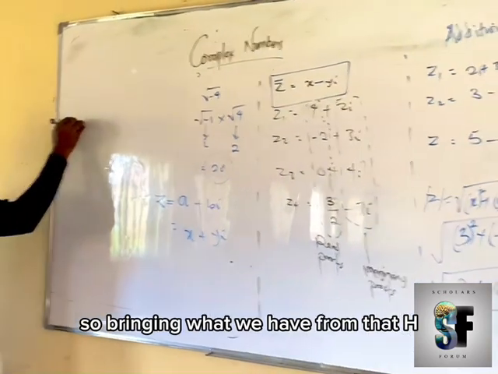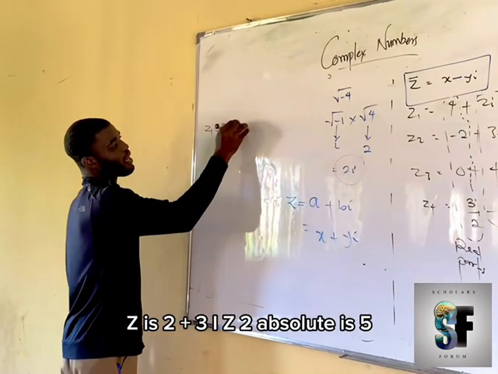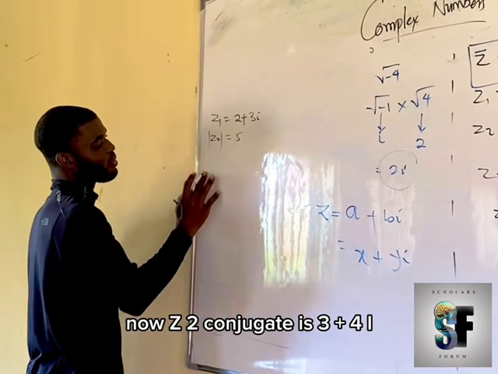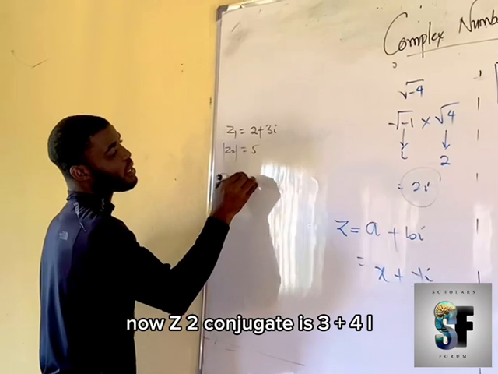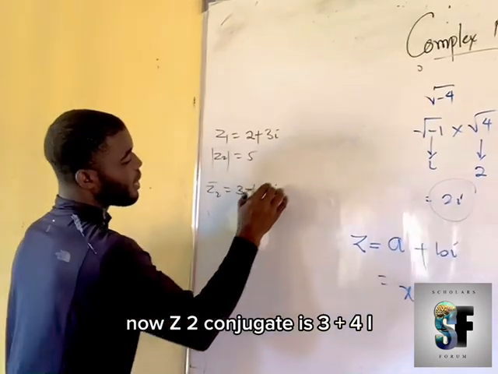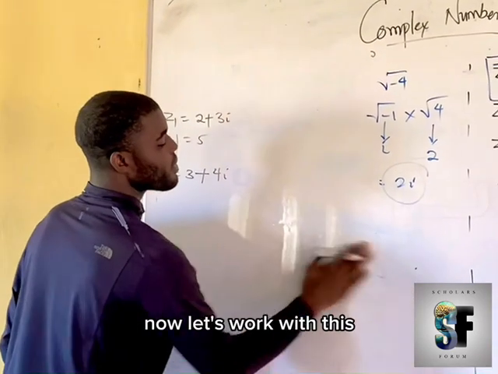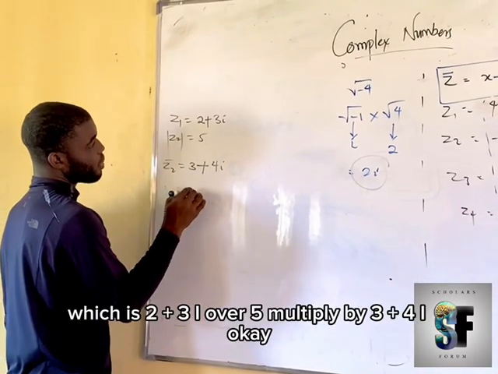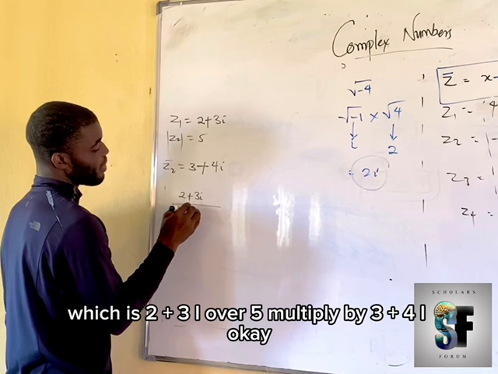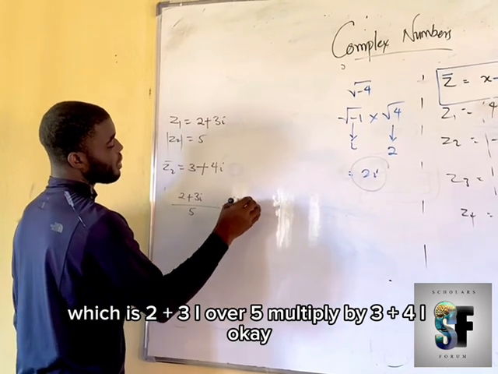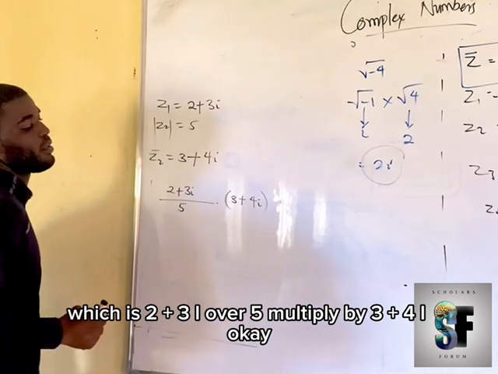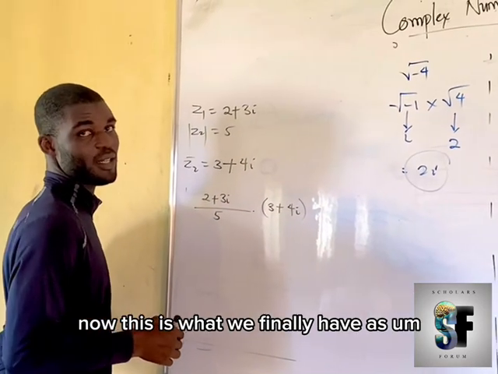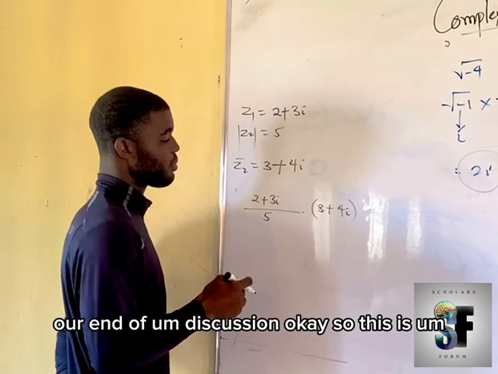Bringing what we have from that end, Z1 is 2 plus 3i, Z2 absolute is 5, and Z2 conjugate is 3 plus 4i. So we have Z1 multiplied by Z2 conjugate, which is 2 plus 3i over 5 multiplied by 3 plus 4i.